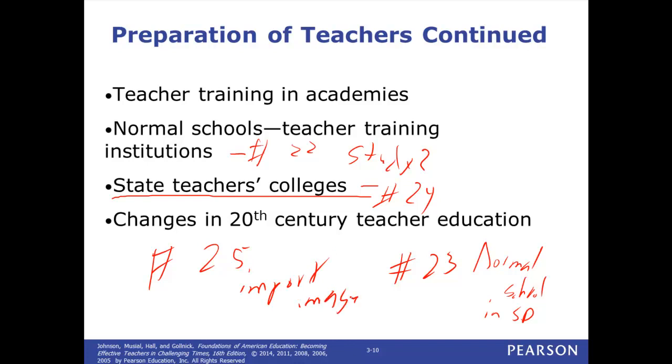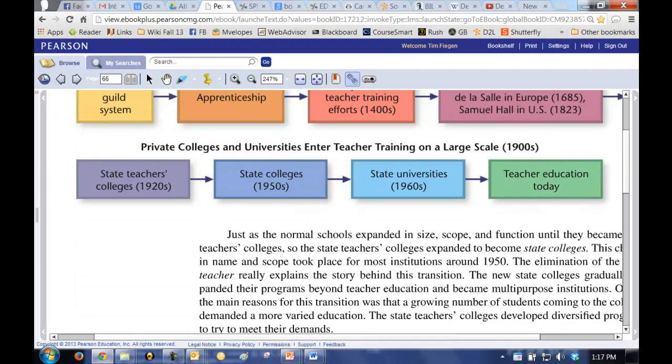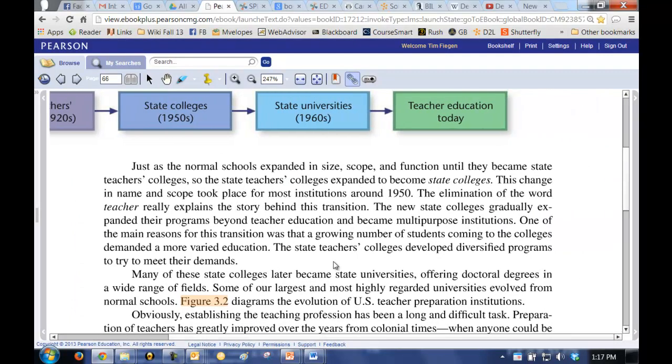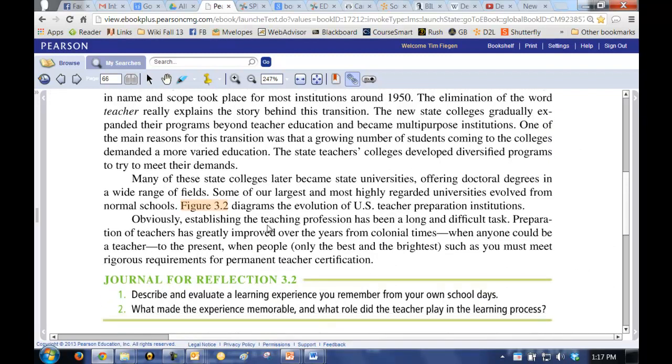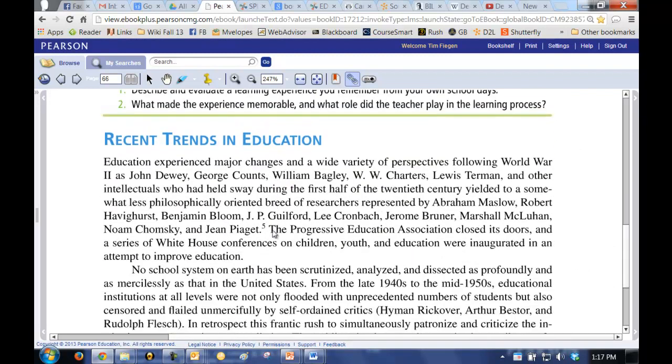Import image. Okay. This is all about state colleges here.